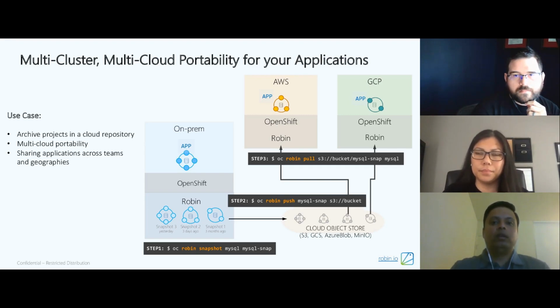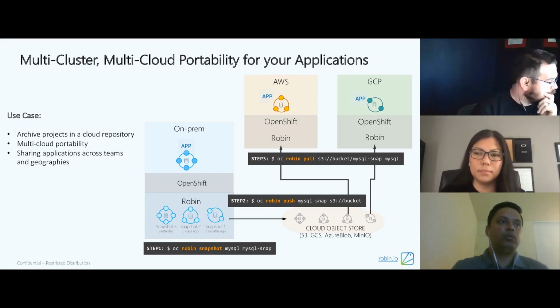Now, what you can do is share the application across different geographies and different teams. You can simply create a backup in your backup repository, and then that backup can be restored as its own full application when required on a new cluster, right?